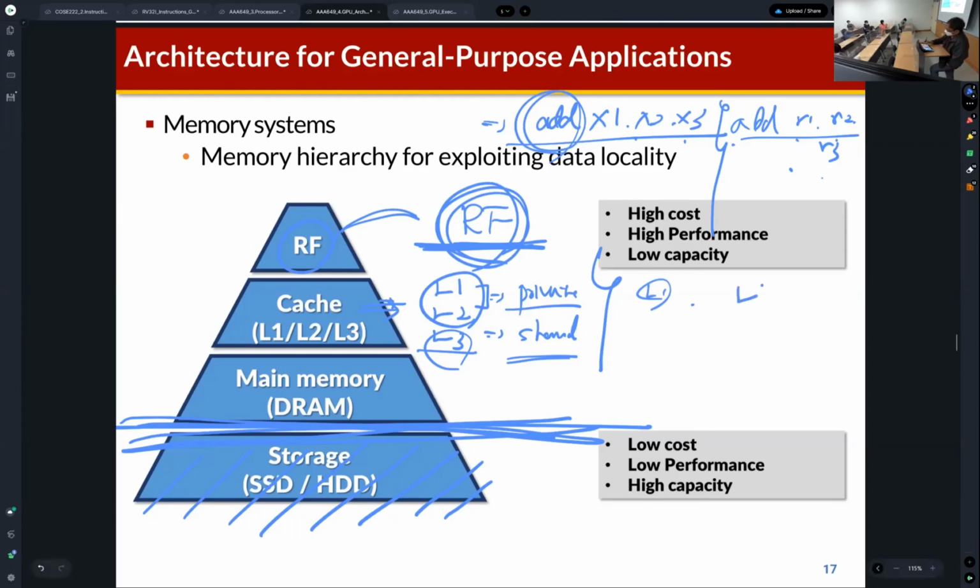A GPU has only two levels of cache, an L1 and an L2 cache. The GPU L1 cache is called a private cache, but the meaning of private is a little different from the meaning of private in the CPU domain. But we can say that the L1 cache of a GPU is the private cache, and the L2 cache is the shared cache.